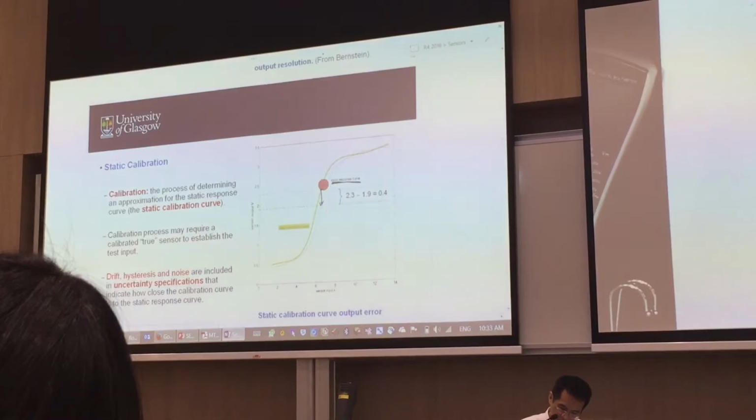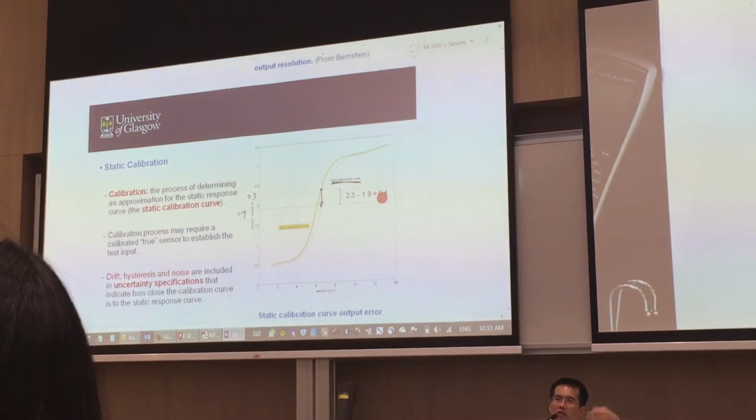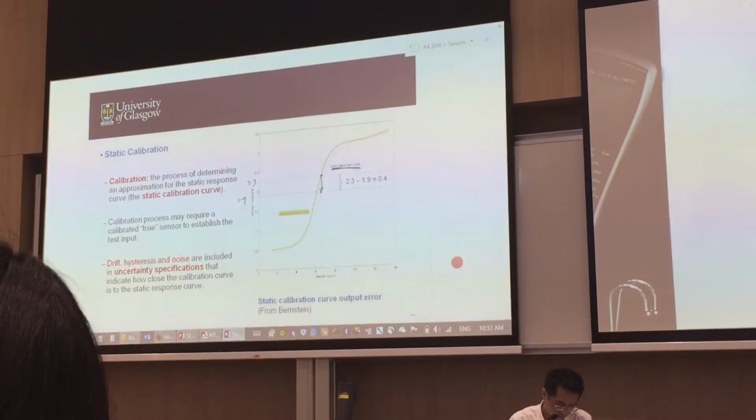Right? So this point here, say it's about 2.3, and this point over here is about 1.9. So that amount, 2.3 minus 1.9, is 0.4. That's an amount of correction that you need to do in order to calibrate your instrument. So that yellow line there is called the static calibration curve.